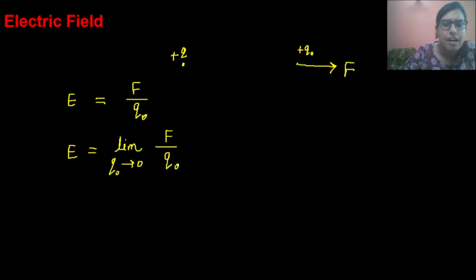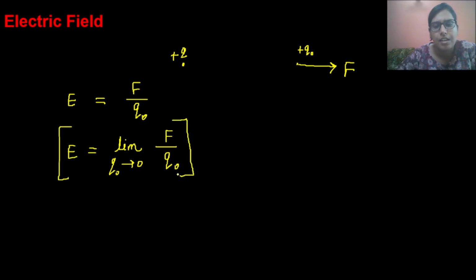So this is the electric field intensity defined for a point charge plus Q. This is the electric field intensity due to this plus Q charge, this plus Q point charge.